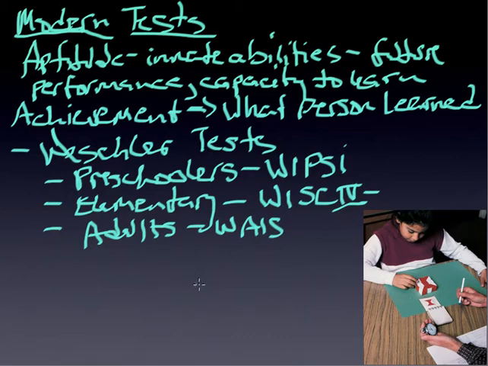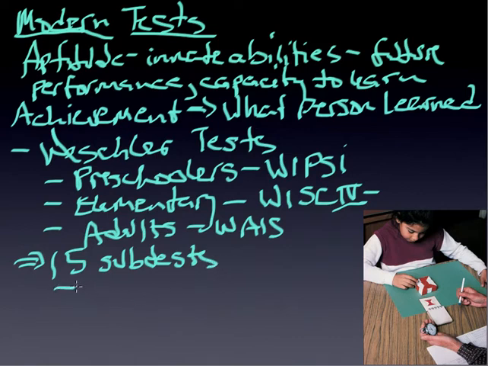Basically, these are the most widely used intelligence tests that we have. There are 15 subtests that look at a variety of areas. Usually they drop down into verbal subtests and nonverbal subtests.